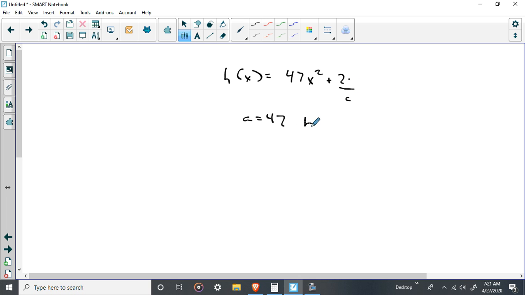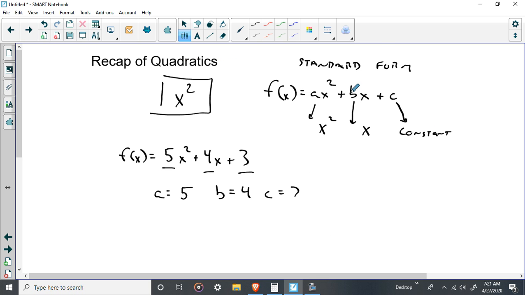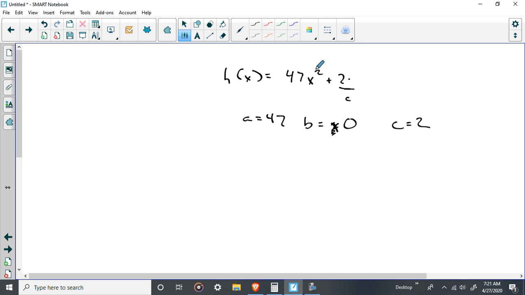In this case, we don't have a b, because remember, b has to have an x attached to it. So b is 0, and c is going to equal 2. So just watch that when they skip things. Remember, the x is the b term, so whatever the coefficient for x is. This one didn't have an x. There's an x squared and a constant.